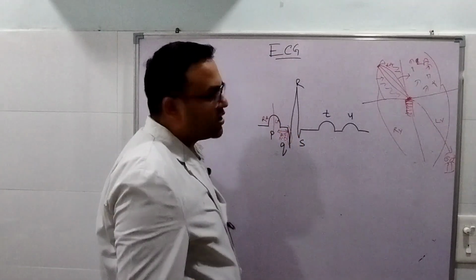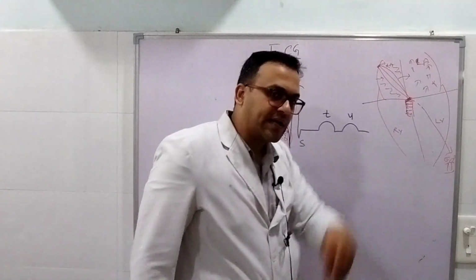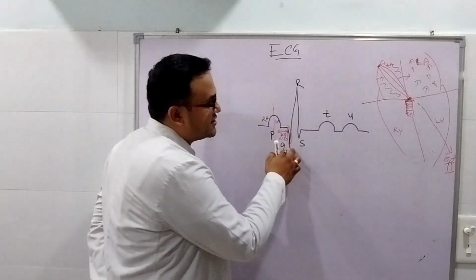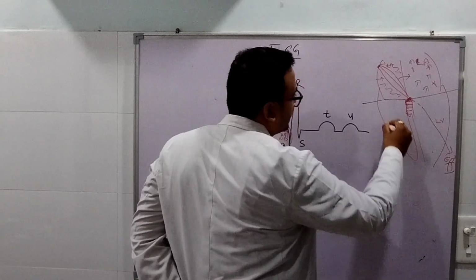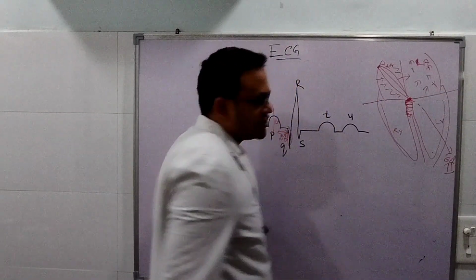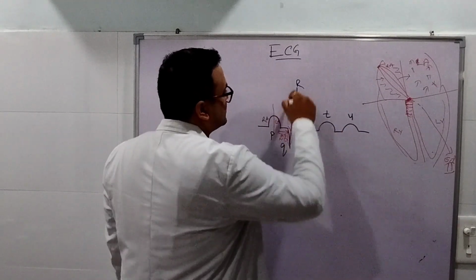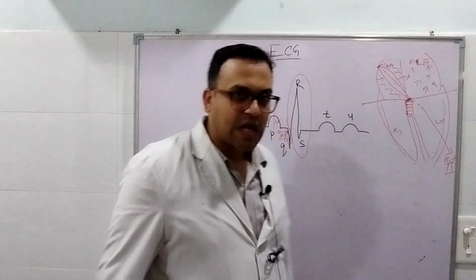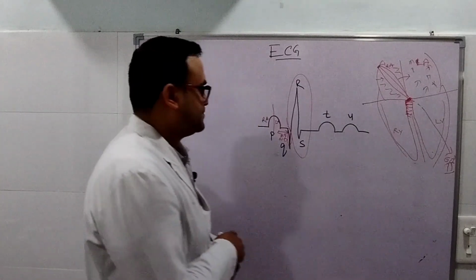We get a very small q here because it is going away from the normal cardiac axis. So that is the bundle of His depolarization, and from here there is right ventricular depolarization and left ventricular depolarization. This occurs simultaneously, which gives us the RS complex, that is the ventricular depolarization.